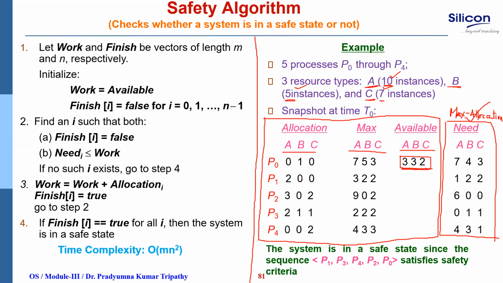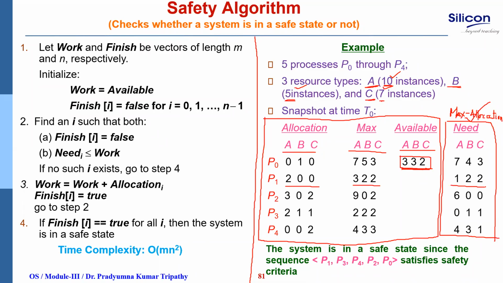These processes are currently allocated some resources, and they are requesting, they require this number of resources currently. So what does it mean? They have declared the maximum requirement for every process. Currently they are allocated some resources. So what is their need? We have computed it by writing max minus allocation.